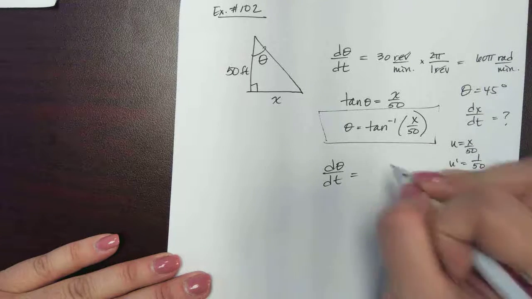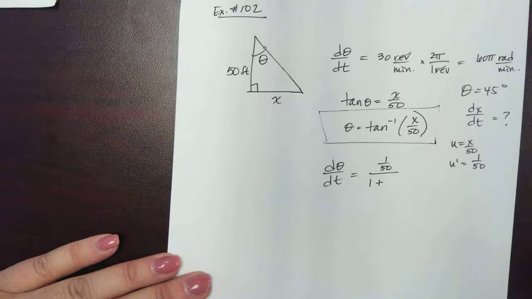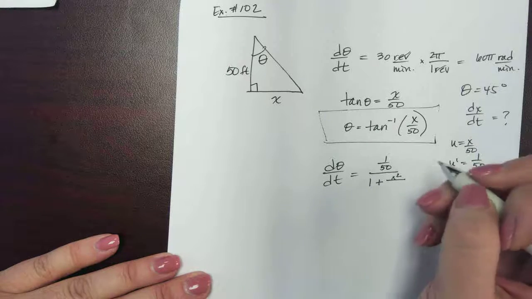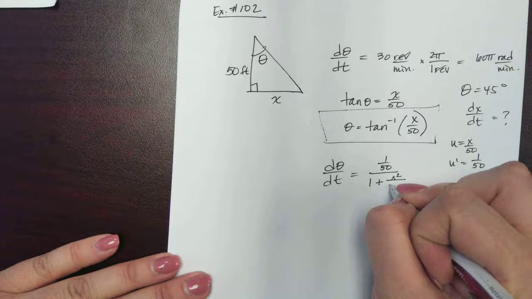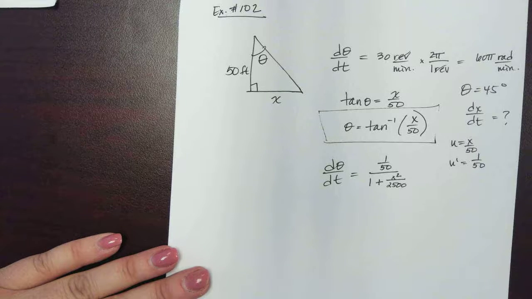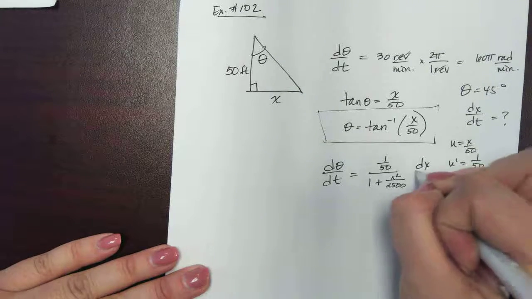So u prime is 1 over 50 all over 1 plus x over 50 squared, which is x squared all over 2,500. What is the 2,500? 50 squared. Is that it? No, because I just took the derivative of x and I need to do dx dt.